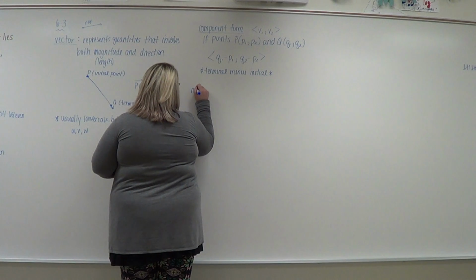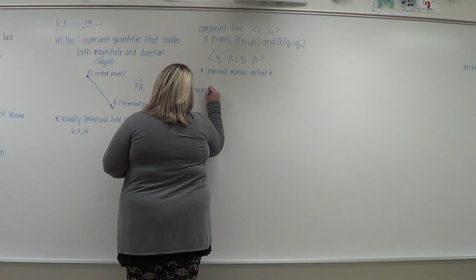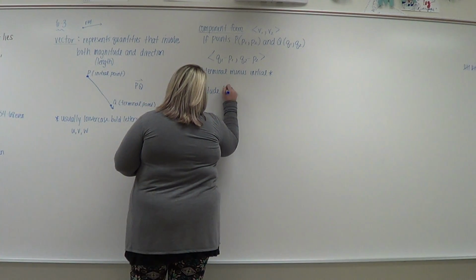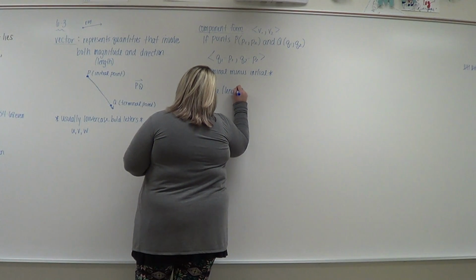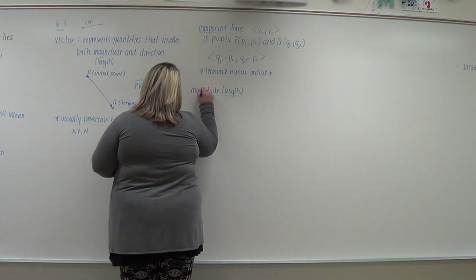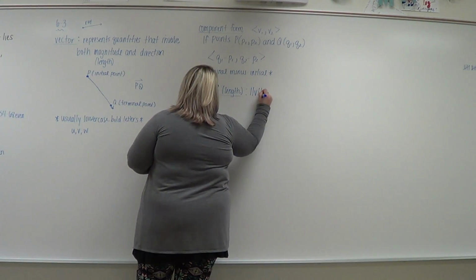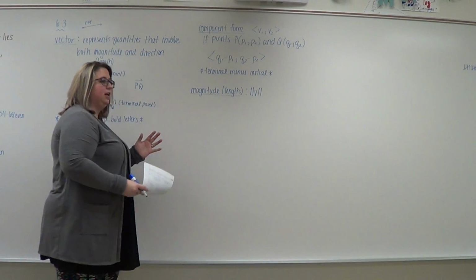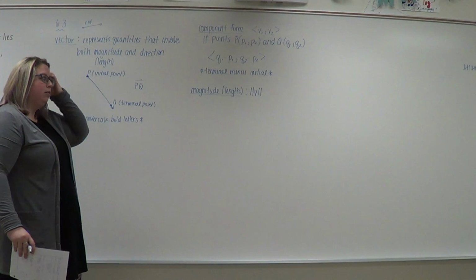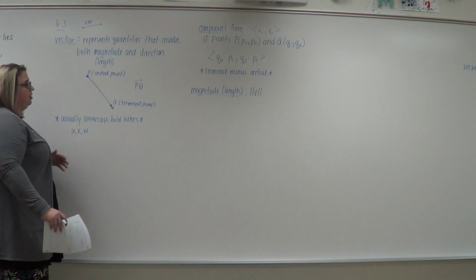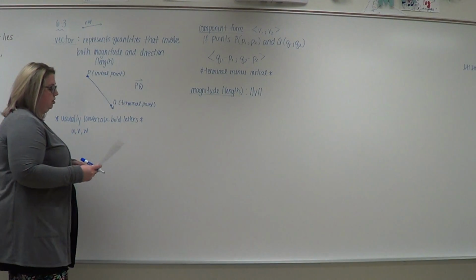Magnitude, which is also the length. And how you represent that is you have two bars, kind of like absolute value bars, around it. Okay, and it's essentially the distance formula.